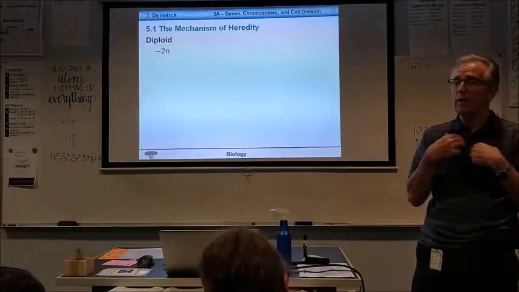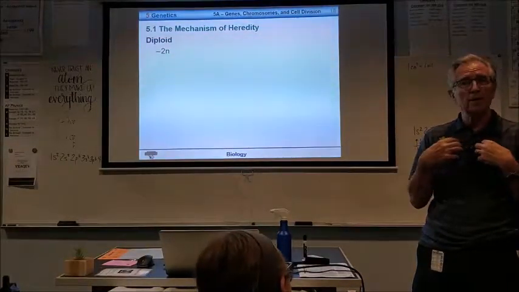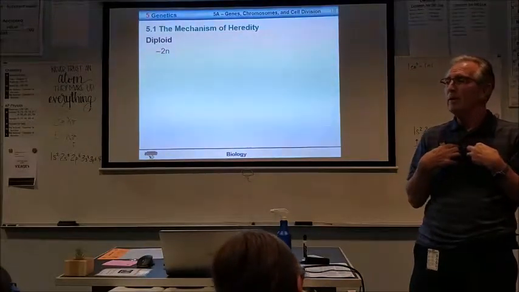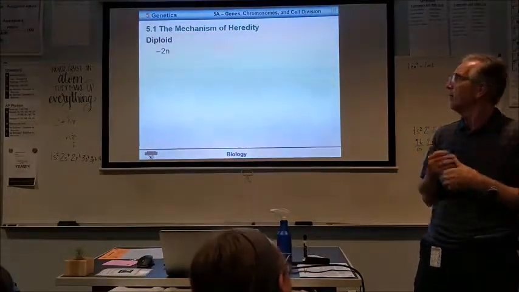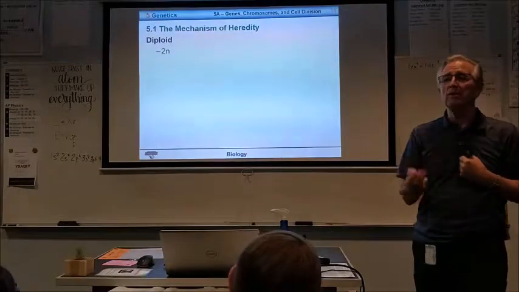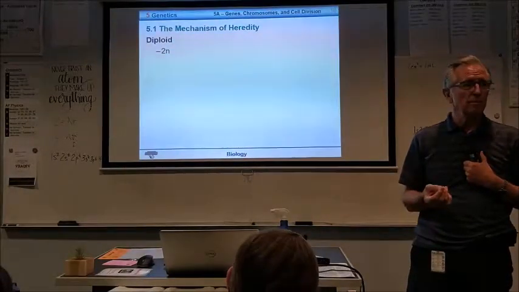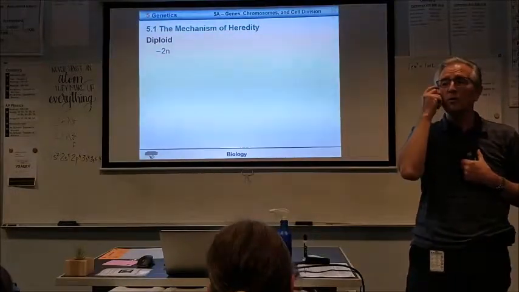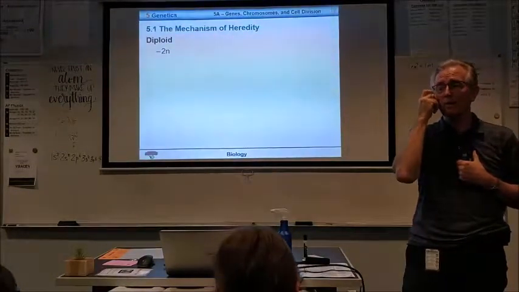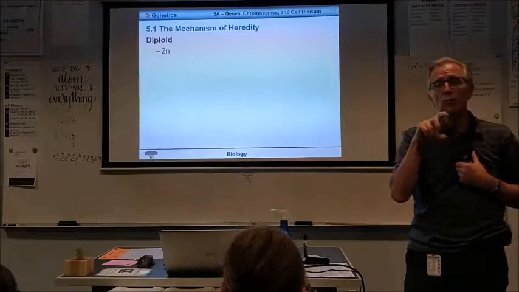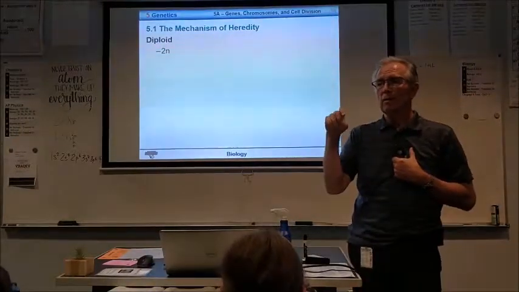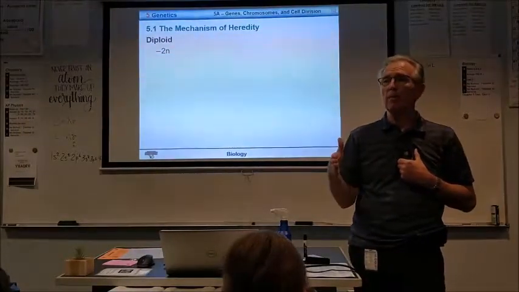We have 46 chromosomes altogether, 23 pairs. When you have 23 pairs, we say you are diploid. Di means what? Two. Okay? You have two of every kind of chromosome. So you are 2N, where N is the number of pairs we have.